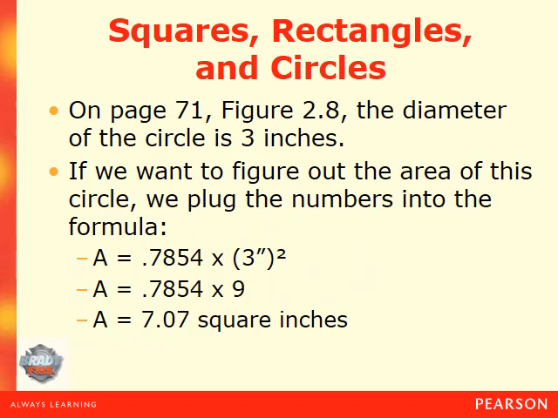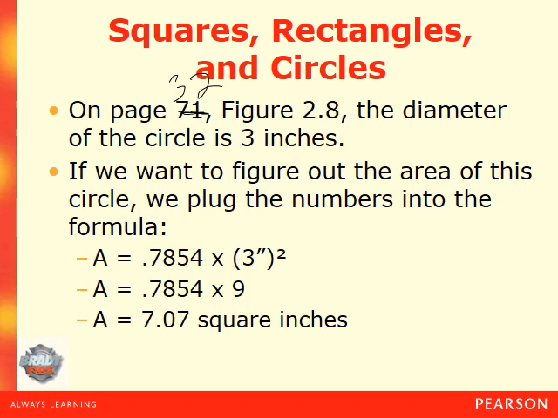Okay, and this is actually on page 32, not page 71. Figure 2-8: the diameter of a circle is 3 inches, so they've already given that one for us as opposed to the radius. To figure out the area of this circle, you plug it into our formula.